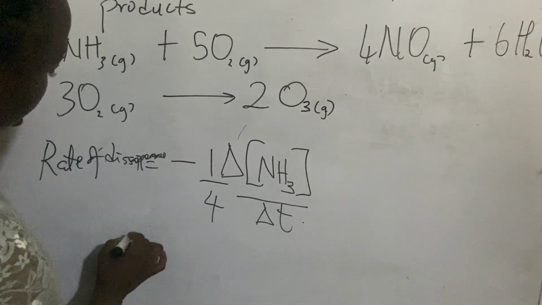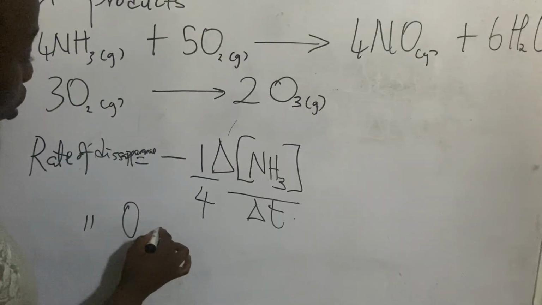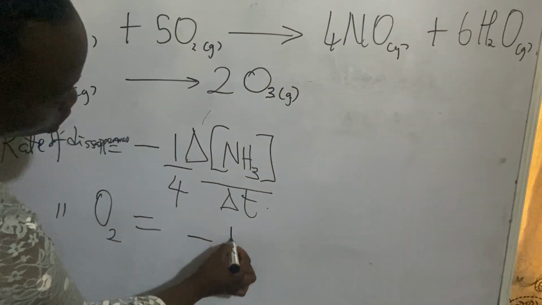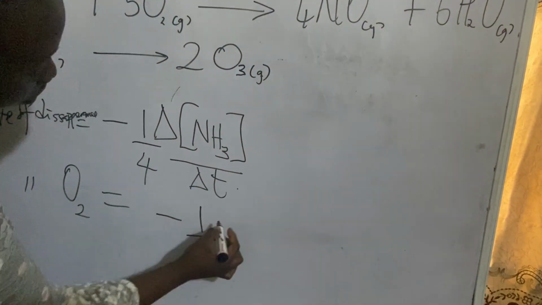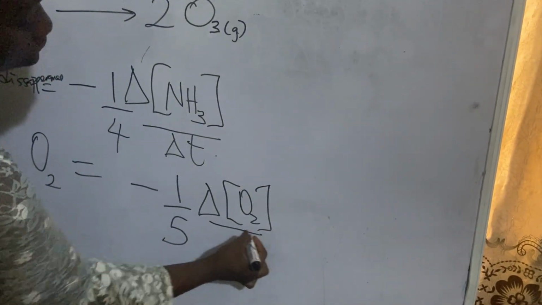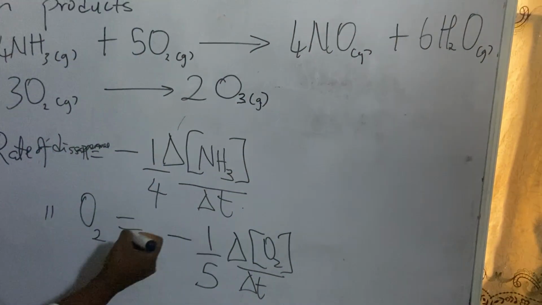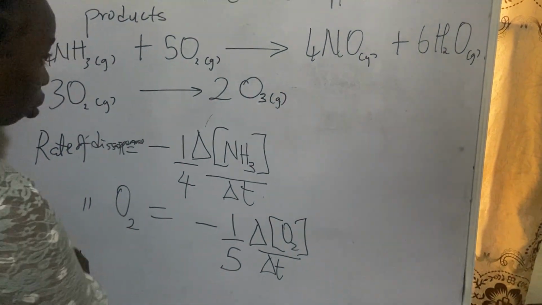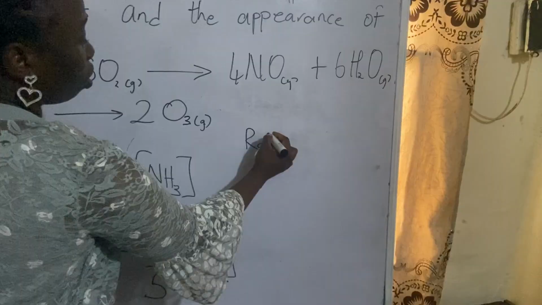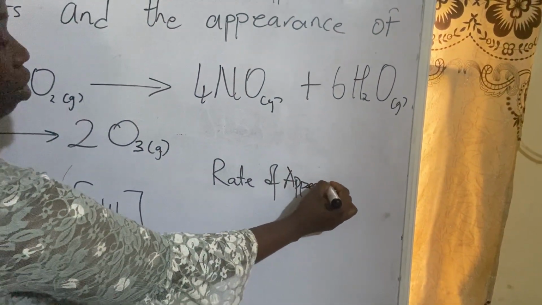Then for oxygen, rate of disappearance of oxygen will be equals to minus 1 all over 5 change in concentration of oxygen all over change in time. Then the next is the product. That means the product is called what? Rate of appearance.